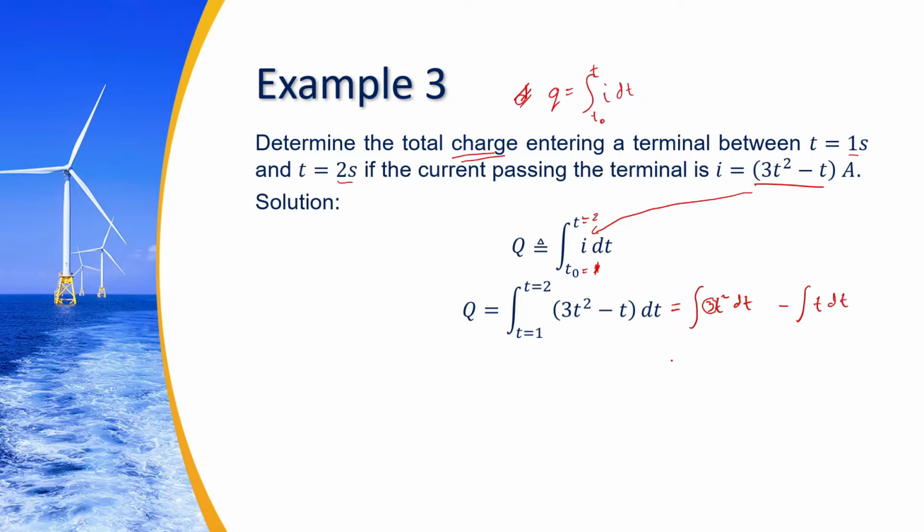So, itong constant natin, pwede mo siyang ilabas. So, magiging 3 integral ng t squared dt minus t dt. Okay? So, ngayon, ano integral ng t squared? Ang integral ng t squared ay t cube over 3.